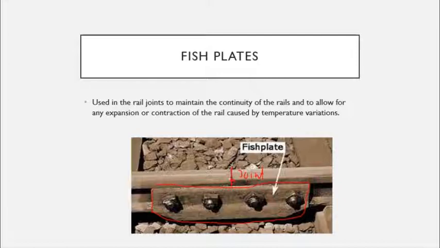So the minimum gap should be maintained, but the pieces should not be separated wide apart. So we have to ensure the safety in these types of joints. For that we use fish plates to connect these two pieces of rails, and this ensures the continuity of the rails.